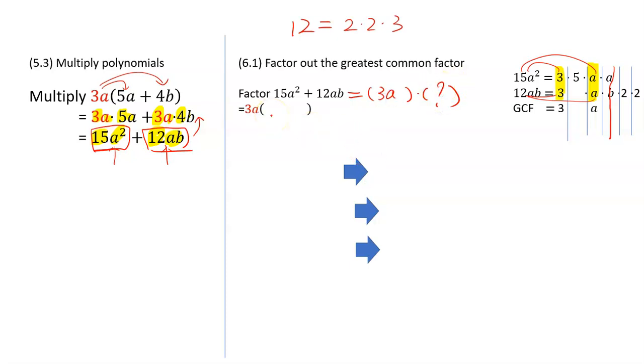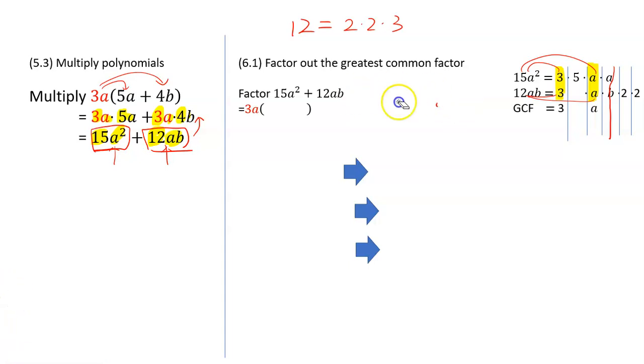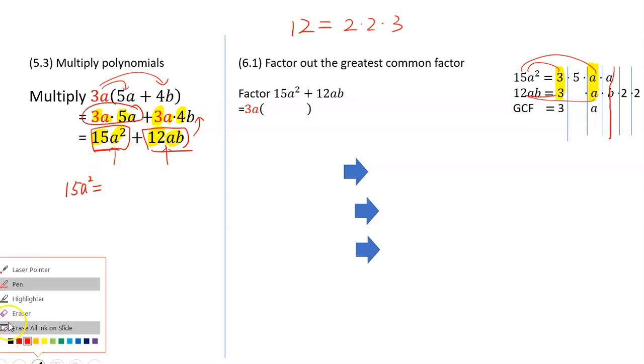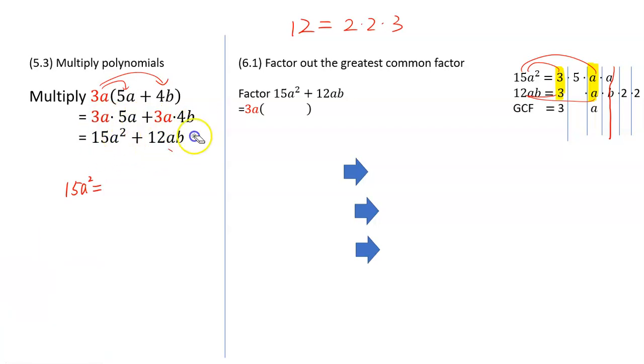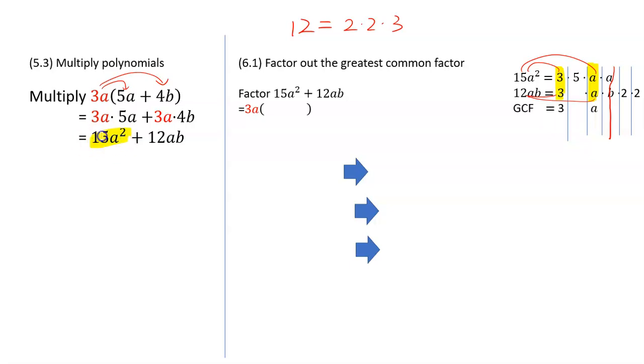Okay. And in order to do that, we're going to go back to the multiplication process and try to reverse that. So notice that 15a squared, this first term here, is obtained by multiplying 3a and 5a.